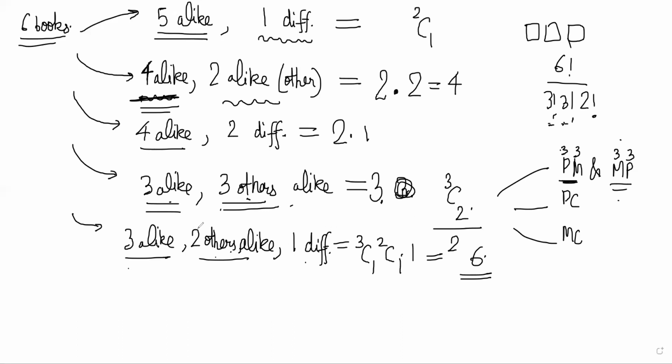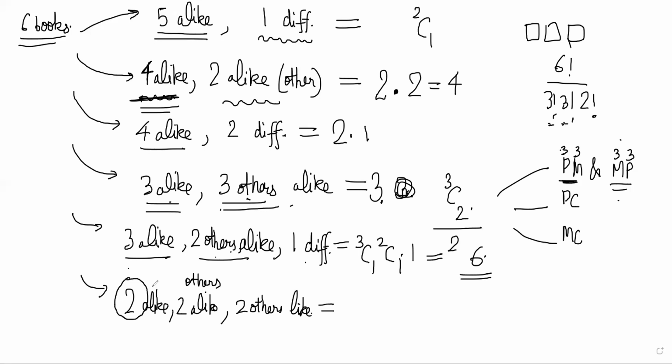And finally, we have 2 alike, 2 others alike, and 2 others alike, right? If you think about this in the regular way, how many ways are there to select two? 3C2, right? And out of the remaining, you can select in two ways: 3C2 into 2C2 into 1.